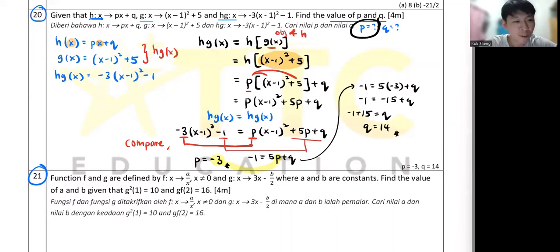Okay, this part I wait for you first. Next one, go to 21. 21 is 4 marks again.